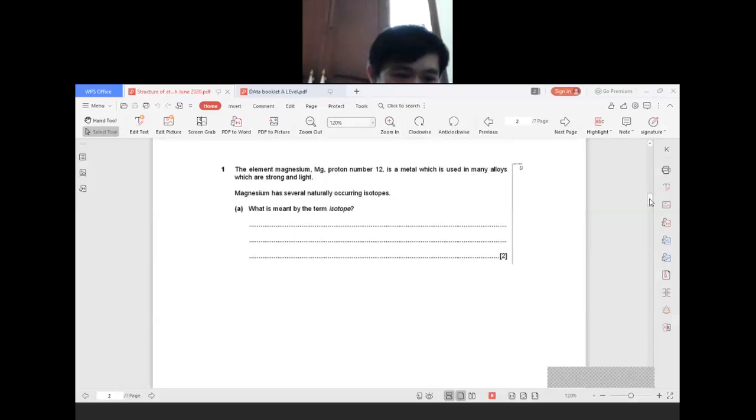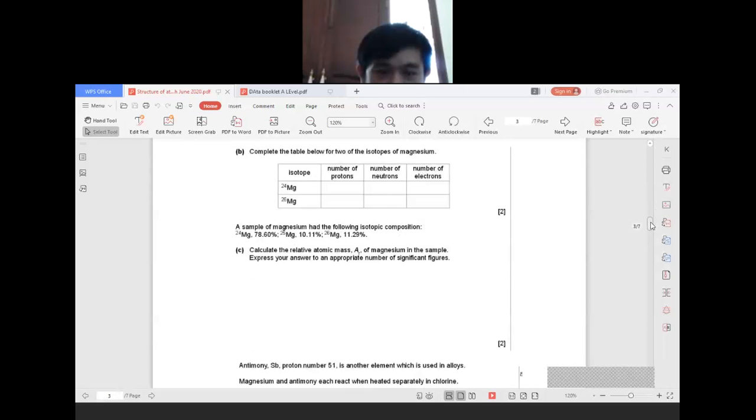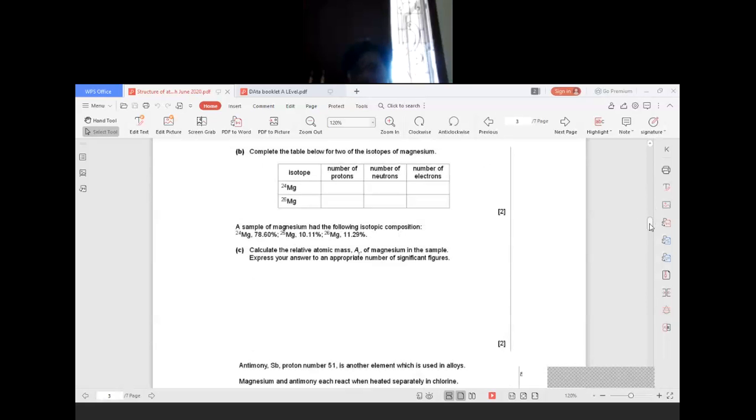Okay, and then the second question. The element magnesium, proton number 12, is a metal which is used in many alloys which are strong and light. Magnesium has several naturally occurring isotopes. Vanessa already gave us the answer for the isotopes. Now for magnesium, this one is not difficult.